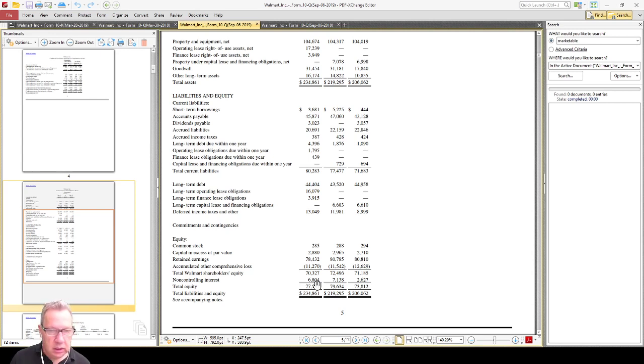Do they list it anywhere else? Minority interest, they sometimes put it in liabilities, but there is none here. So that non-controlling interest of 6801 is the number that we're looking for over here.